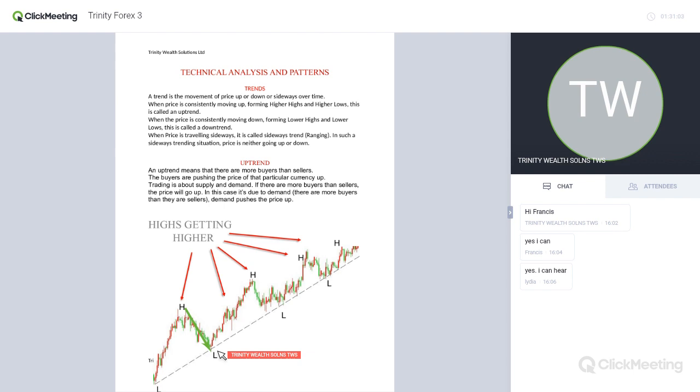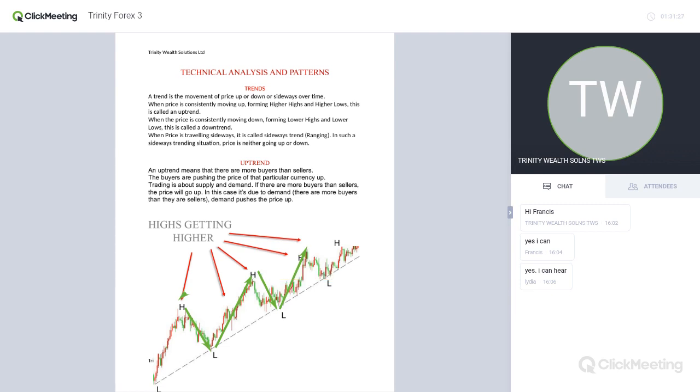When the bulls come in, they push the market higher than the previous high. You can see this is H2. H2 is higher than the previous H. Then the sellers come in again. They try to push the market down, but again they cannot go below the previous low. The bulls come in again, and they take it higher than the previous high.